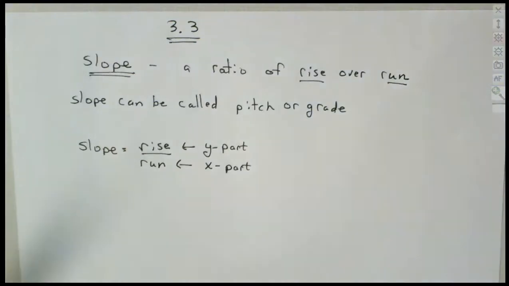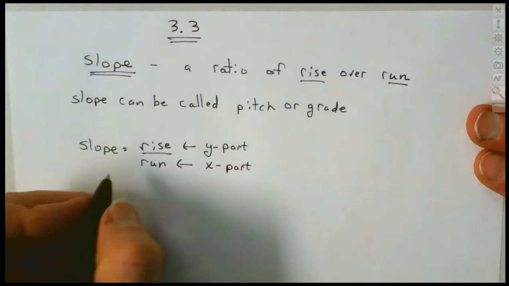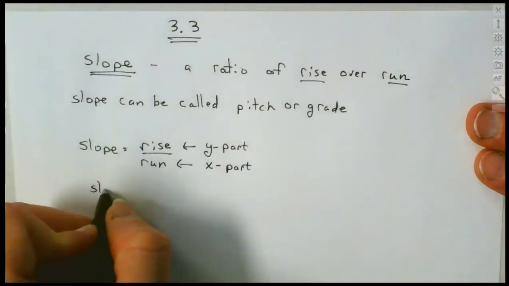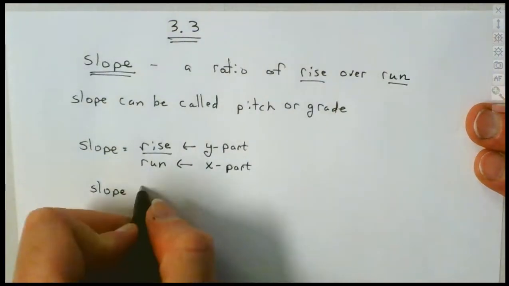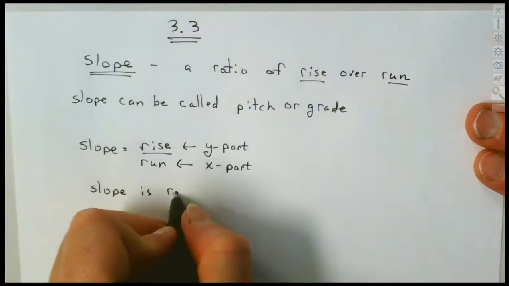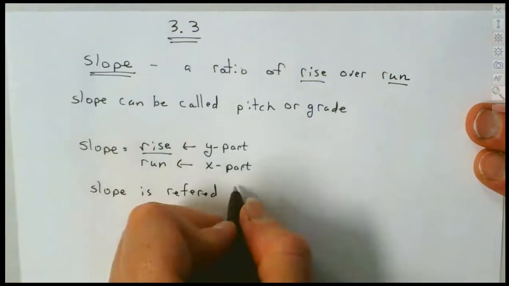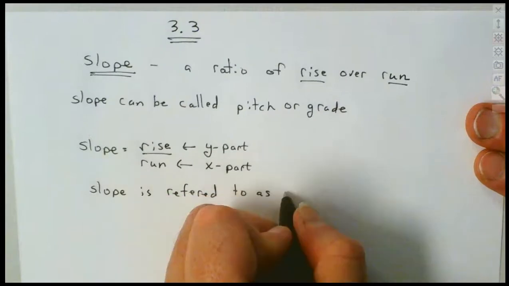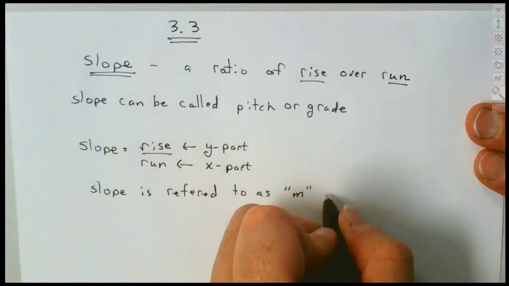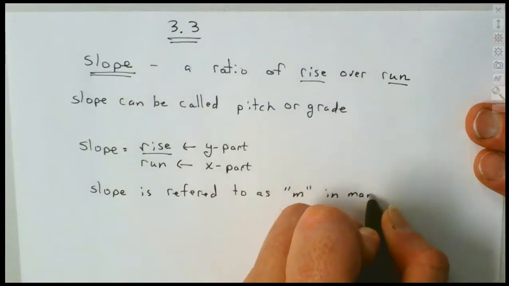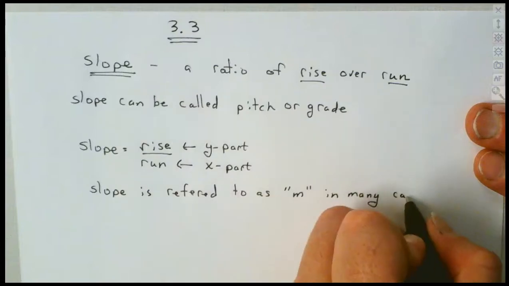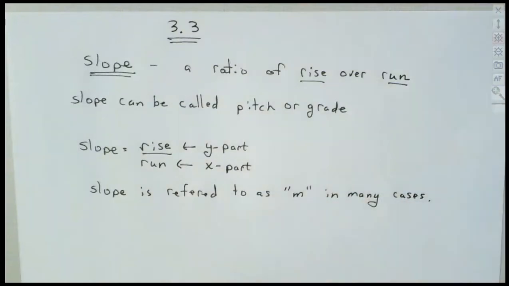Slope is also called m. So slope is going to be referred to as m in many cases.